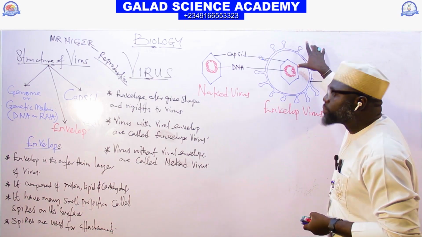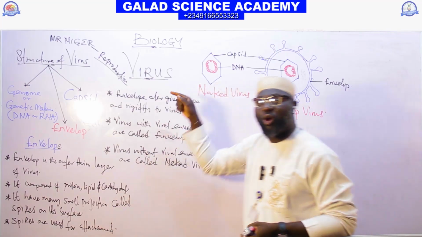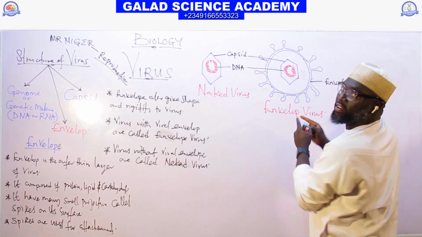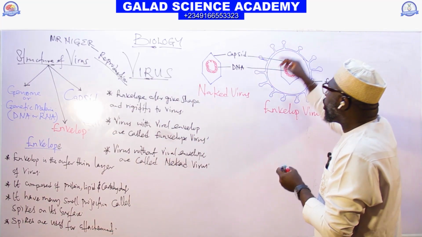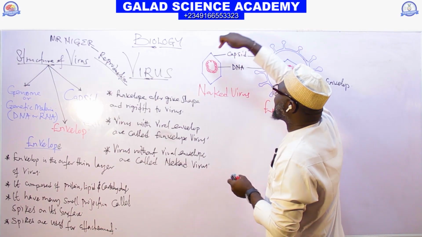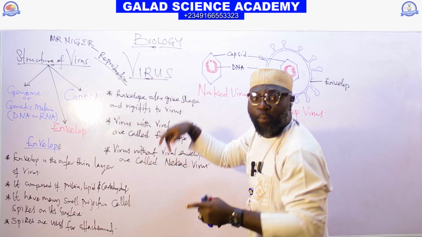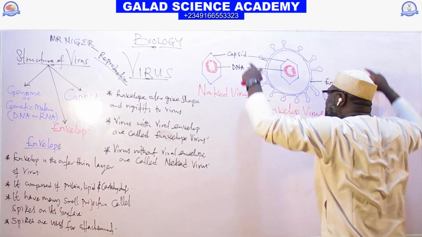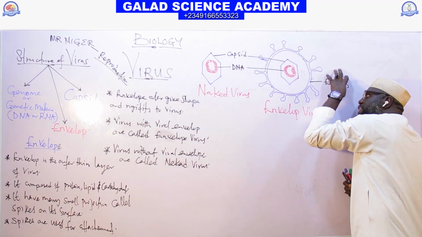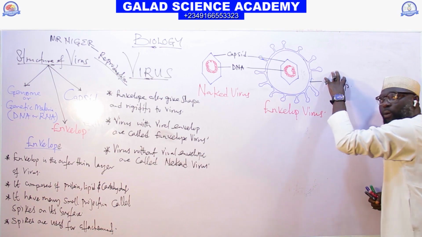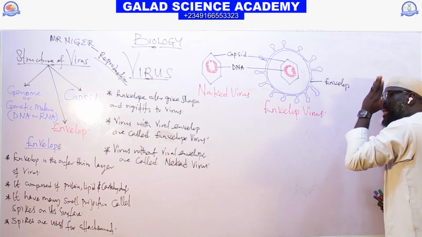The envelope is a thin layer that surrounds the entire virus, while the capsid is the layer that surrounds the genetic material. The whole virus itself is surrounded by the envelope, and this envelope comprises carbohydrate, protein, and lipid.